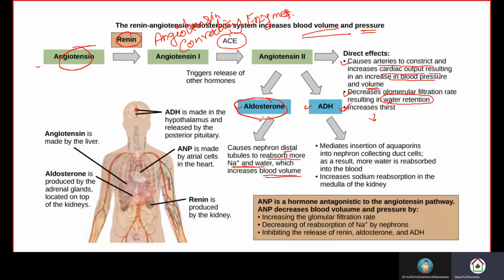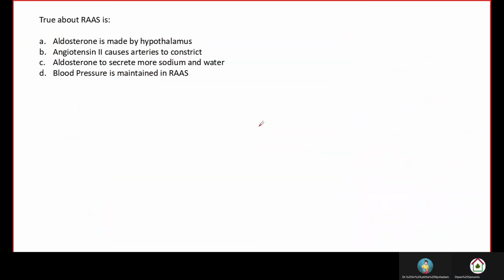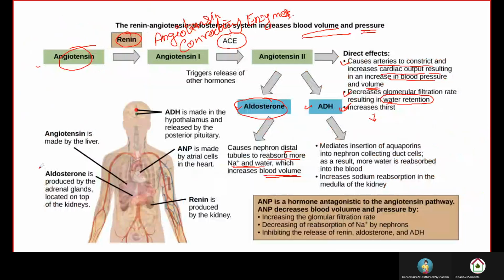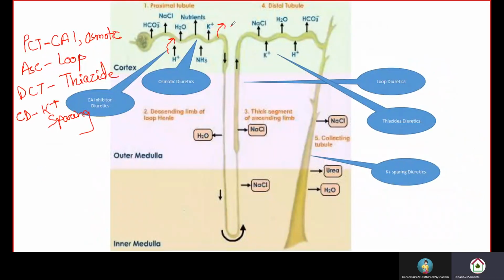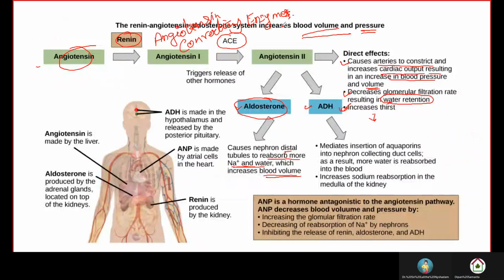All these points are also very important for physiology for FMG. Also remember the aldosterone acting site is the distal convoluted tubule. Okay, and ADH, and as you know, anti-diuretic hormone, right? Anti-diuretic hormone.